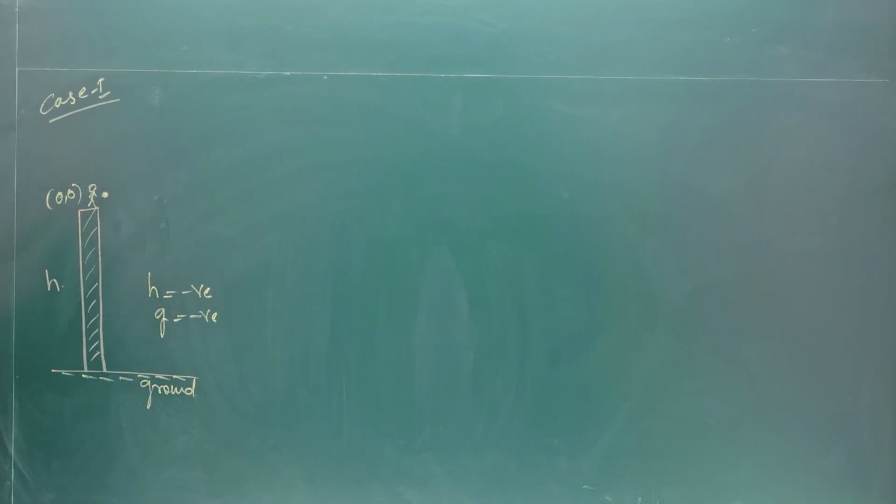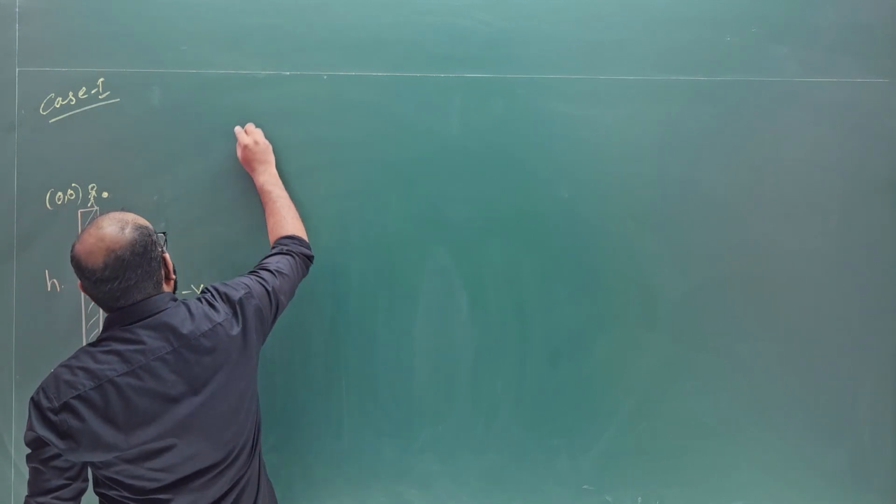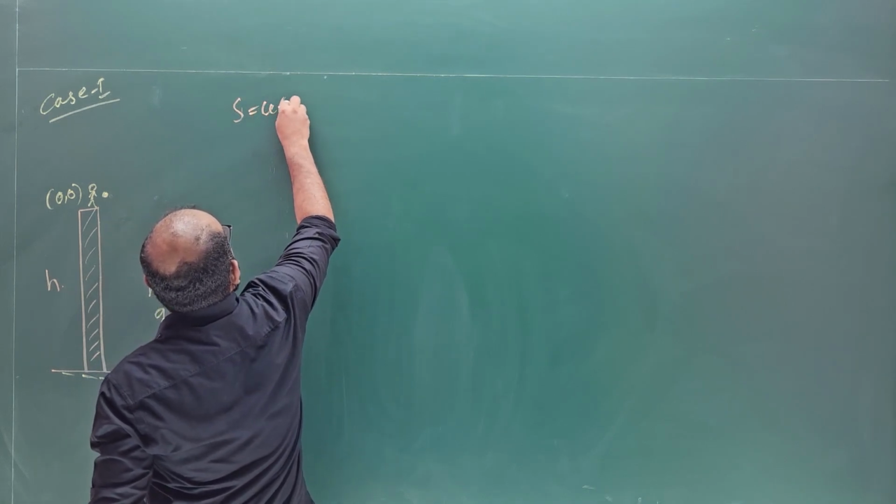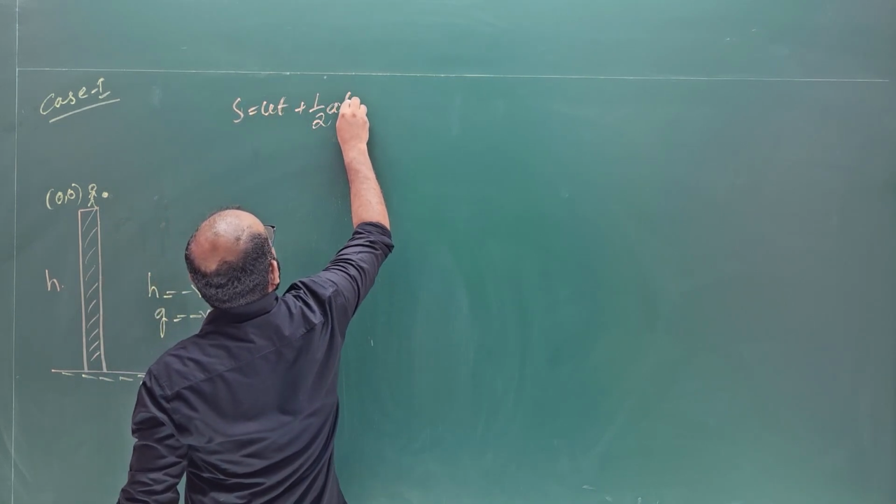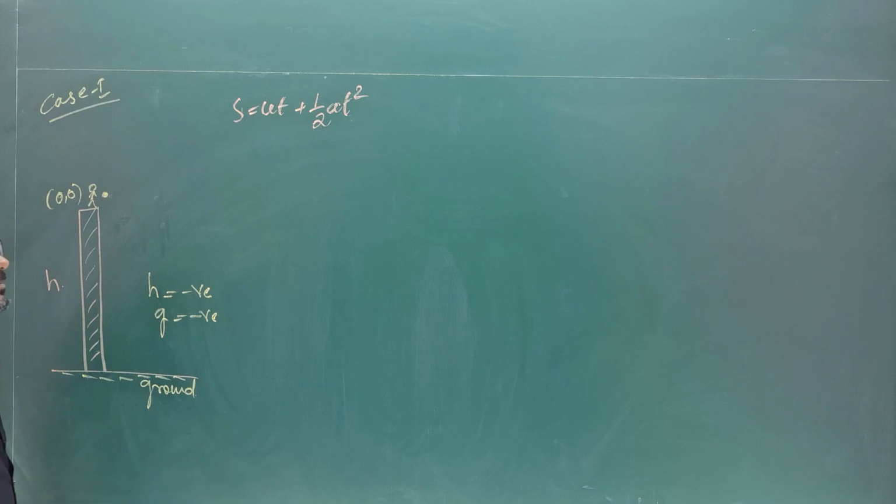Okay. Now let us try to find how long this object will take to reach the bottom. First, what are we calculating? Time period. So again we are using s is equals to ut plus half at square.